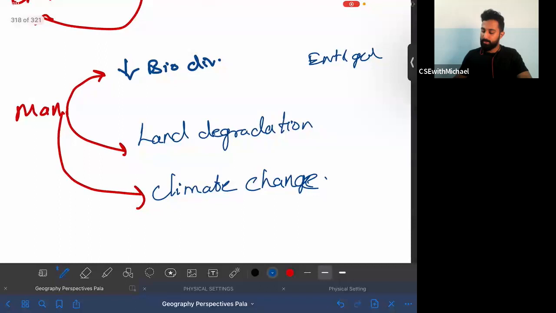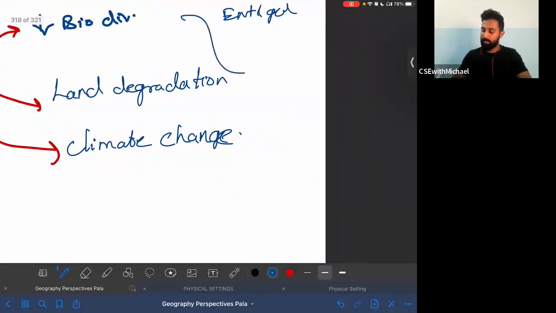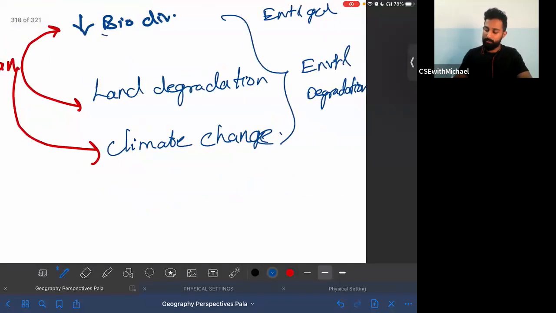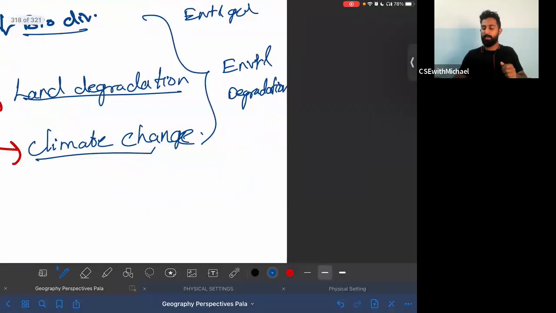Now to manage the negative effects caused by all these things, we need environmental management. All these are called environmental degradation. These are the ways in which biodiversity, the faunal and floral assemblage, is declining, land quality declines, climate മൊത്തത്തിൽ മാറുന്നു. That is environmental degradation. Several other things can be added, other subpoints like pollution, but generally this is environmental degradation.